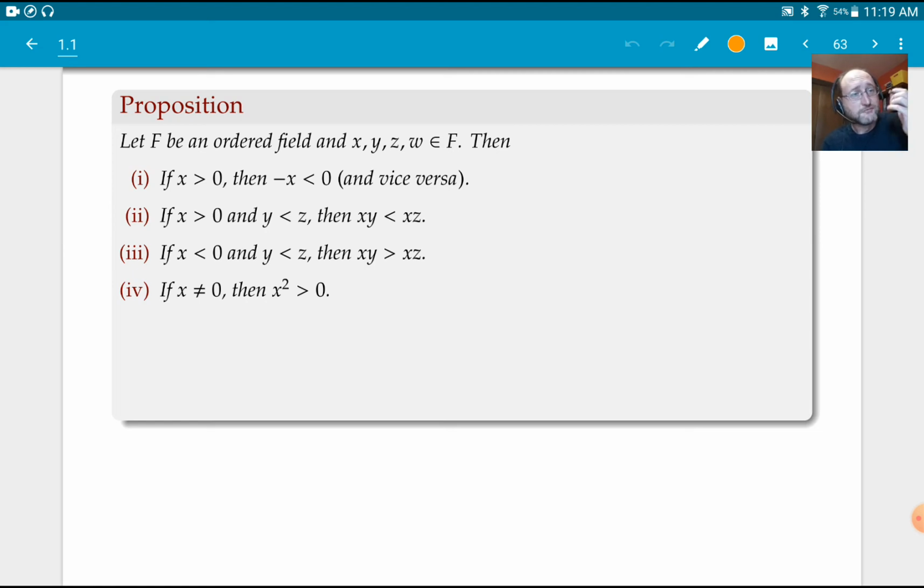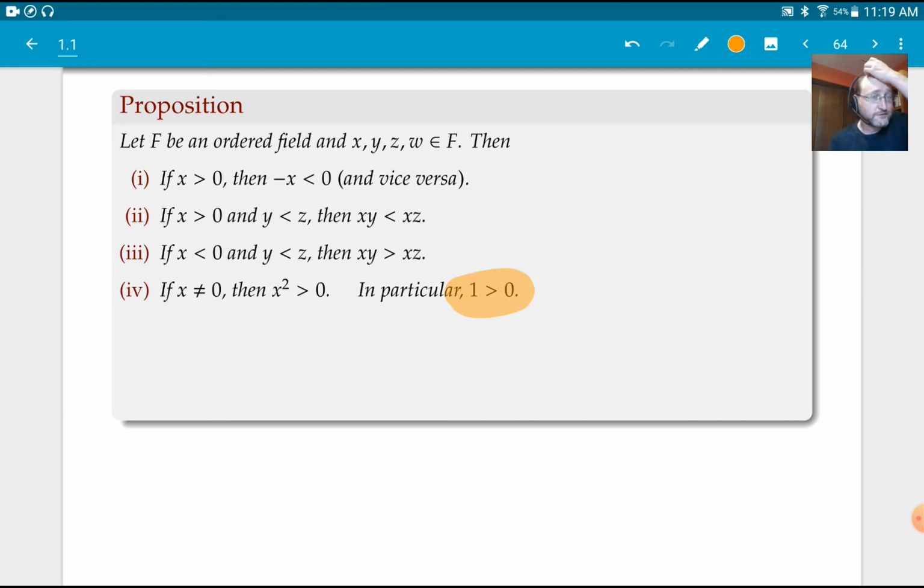Then, if I have any non-zero x, then x squared is positive. So squares are positive in ordered fields, except 0 squared is 0. In particular, and it seems like a kind of stupid thing to point out, but it's actually an important thing to notice, 1 is bigger than 0, right?